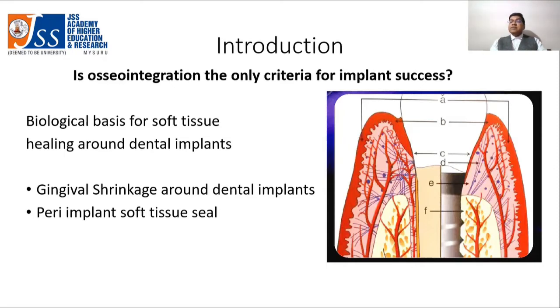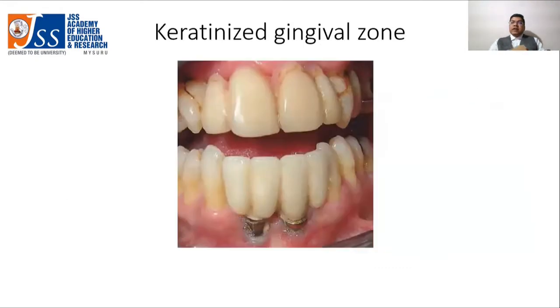Clinically, this process is observed as marginal shrinkage. In the anterior aesthetic zone, the amount of gingival shrinkage can be crucial to success or failure of the dental implant.